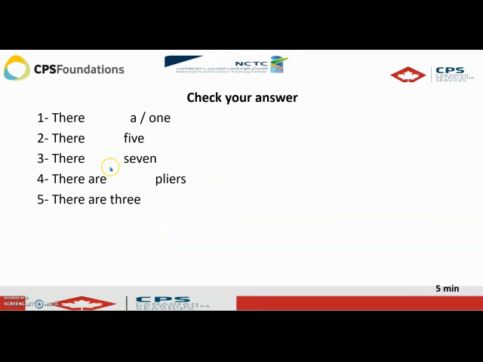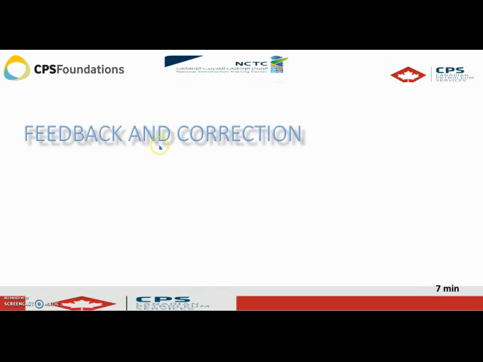To check your answer, there, right? There, 5 what? There, 7. There are pliers, and there are 3, name of the tools. Alright. Feedback and correction.